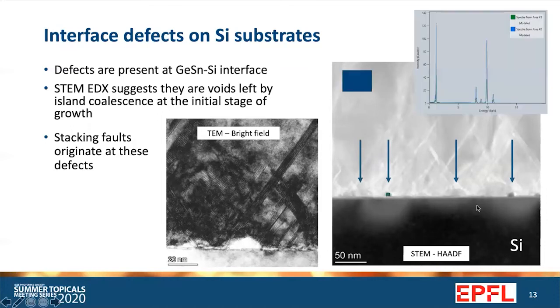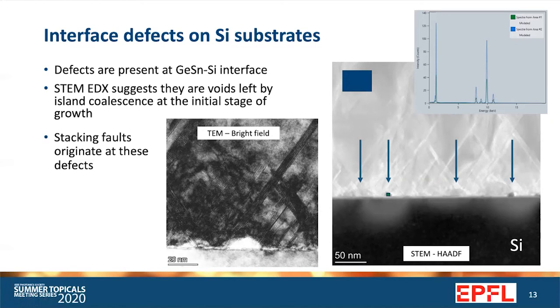And when we did EDX, we took a region far from the interface of germanium tin and then a region of a defect. And we observed that the spectra were exactly the same, meaning that the elements in the two regions are the same, but the spectrum in the defect had much lower intensity, meaning that there's less material emitting X-rays.